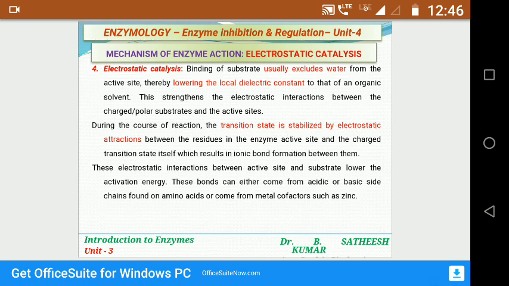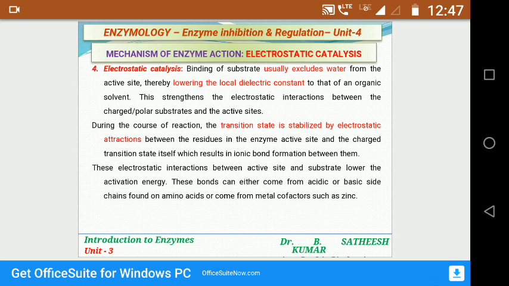During the course of reactions, the transition state is stabilized by electrostatic interaction. So the transition state, the intermediate state, here the enzyme substrate complex formation, that transition state will also be stabilized by the electrostatic interactions. Most of the enzymes will have amino acids which will have positive and negative charges.